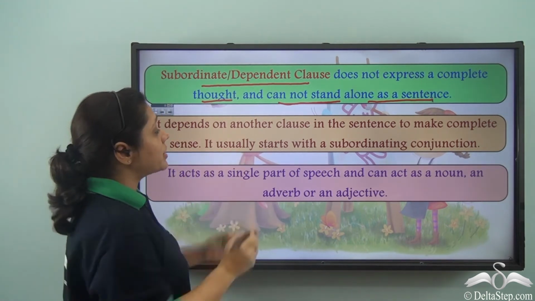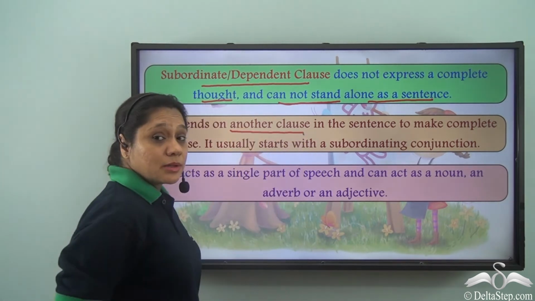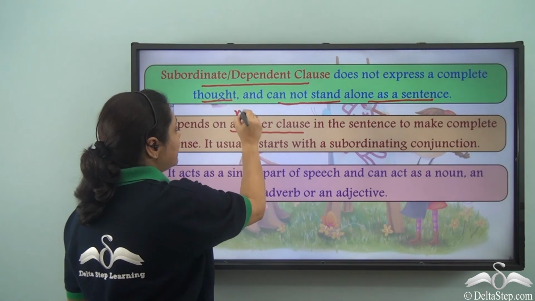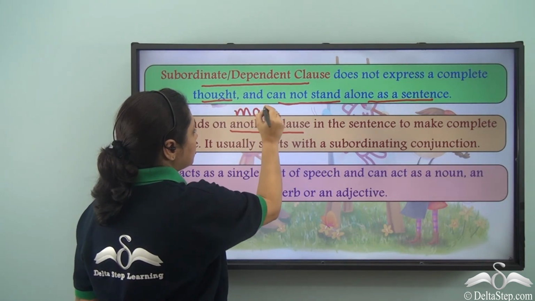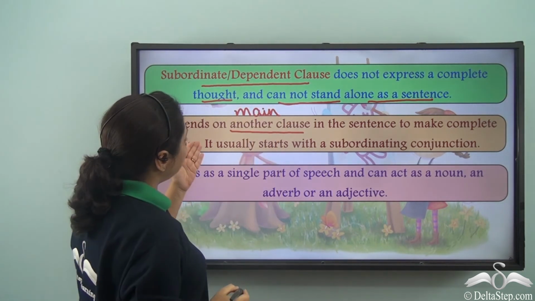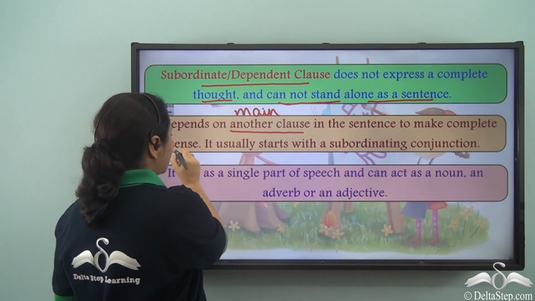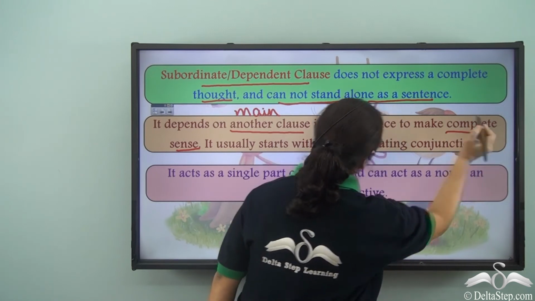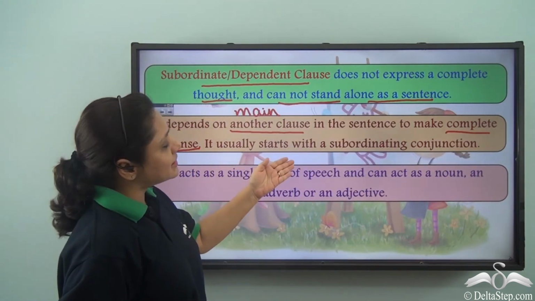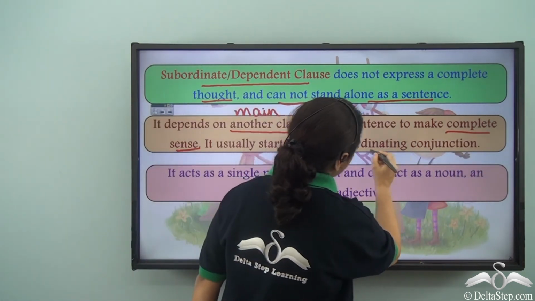It depends on another clause. Which clause is it? Usually the main clause or the independent clause. It depends on another clause in the sentence to make complete sense. It usually starts with a subordinating conjunction.